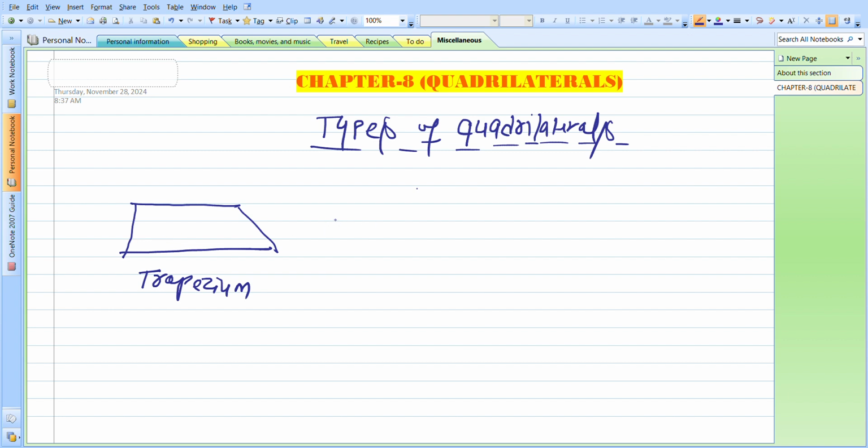Second, when two pairs of opposite sides are parallel, like this, definitely it will be a parallelogram.